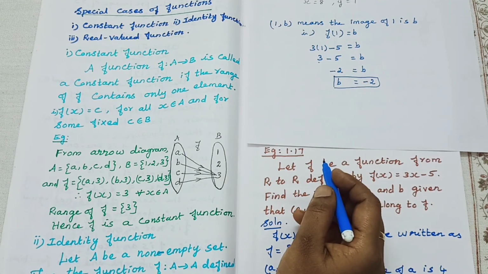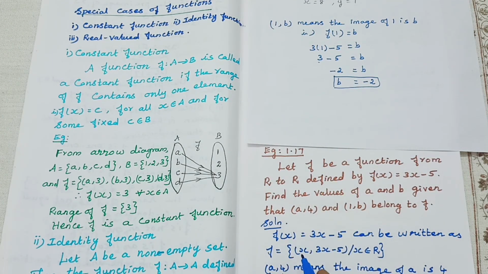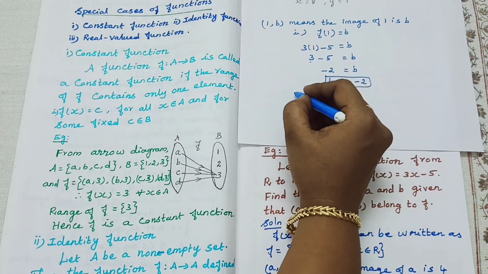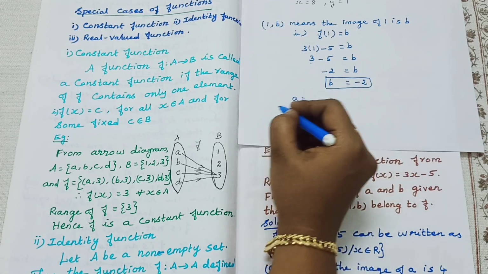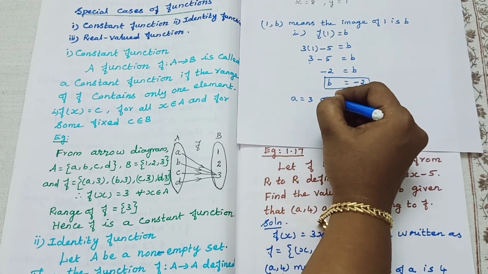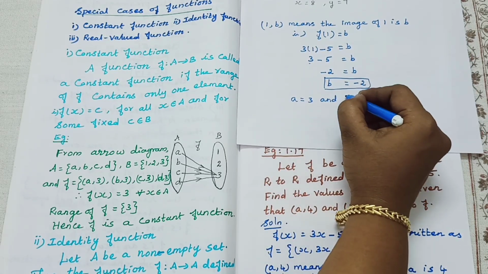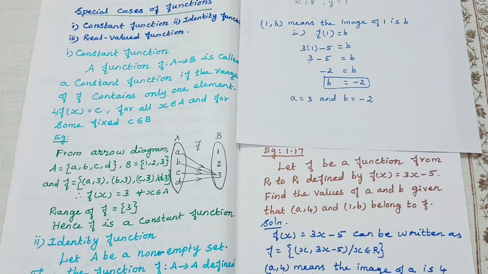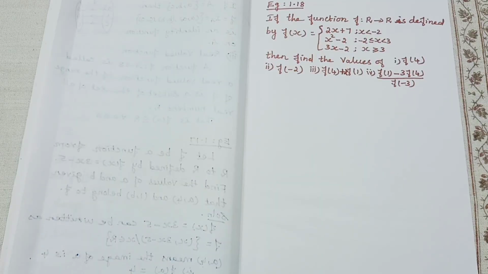Now let's see example 1.18. f from R to R is defined by f of x is equal to 2x plus 7, that is x less than minus 2; x square minus 2, condition is minus 2 less than or equal to x less than 3; then 3x minus 2, then condition x greater than or equal to 3.